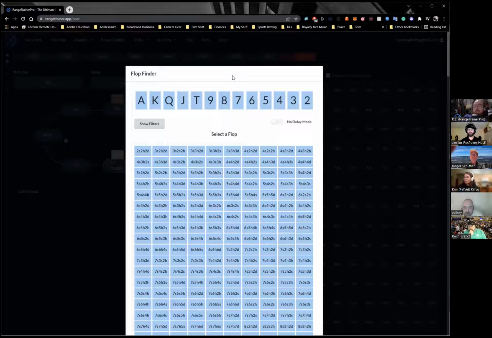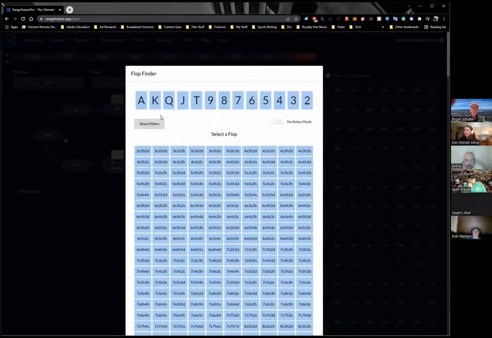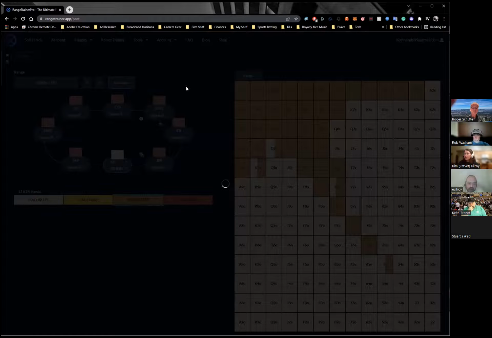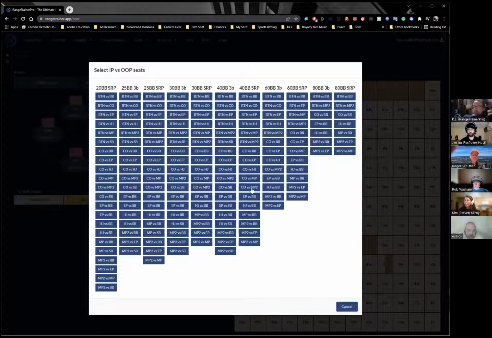And so basically what we're focused on right now is building out this database to be more robust. At the end of the day, what we want is this entire page to be completely full across every stack depth.